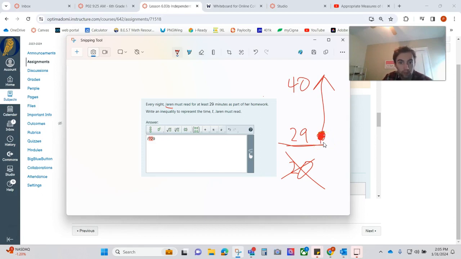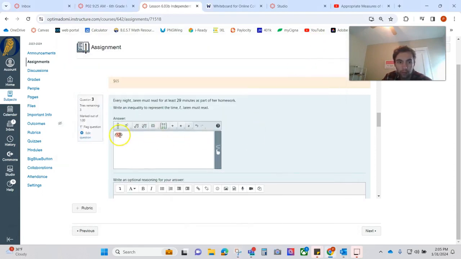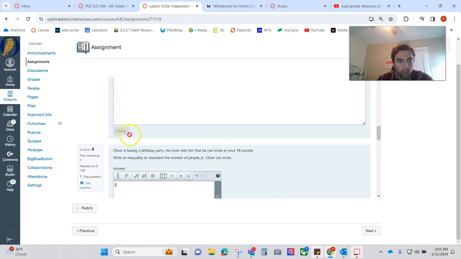That means you could, at the least, do 29 or anything more. So the mystery number could be more than 29, but it could also be equal to 29. So we need to use the or equal to bar by clicking on this little button. Or equal to. Let's check.